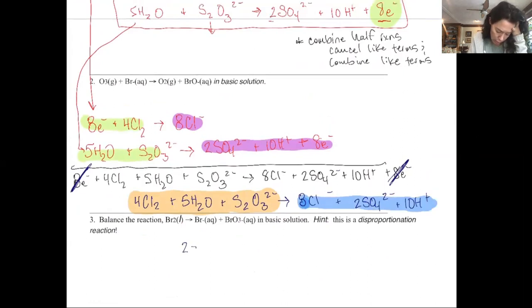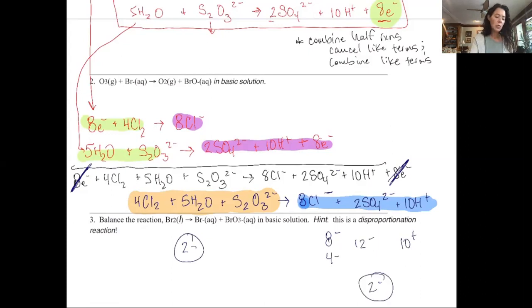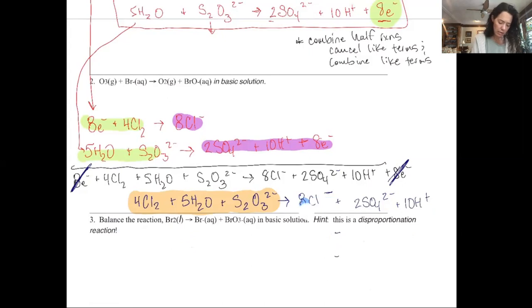I see 8 chloride ions. That's 8 negatives plus 2 negative particles. That's a 4 negative. That's 12 negative plus 10 positive, which is overall 2 negative. So those are equal. That makes me assume that I have done the correct work and have not made a silly mistake, because as you can see, there's lots of room for mistakes.